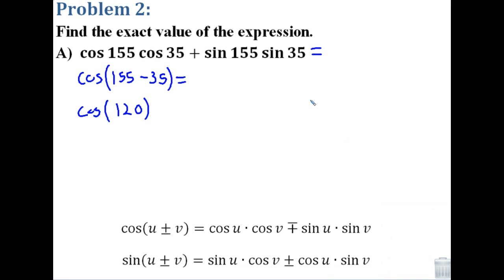Reminder how to do that. Let's graph 120 degrees in standard position. We'll put the start of our angle on the positive x-axis. We'll open up past 90 but short of 180 to the second quadrant. We'll say this is what 120 degrees looks like. We'll make a reference triangle where my reference angle is 180 minus 120, which gives me 60.